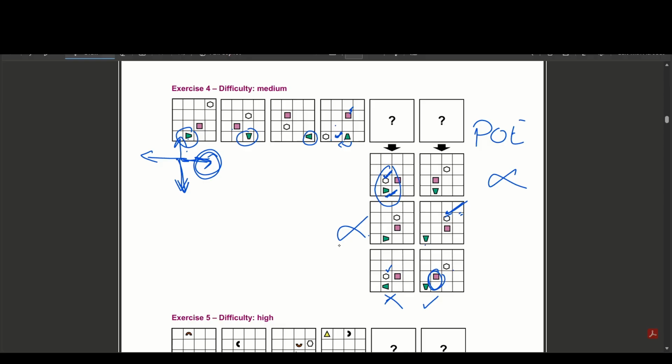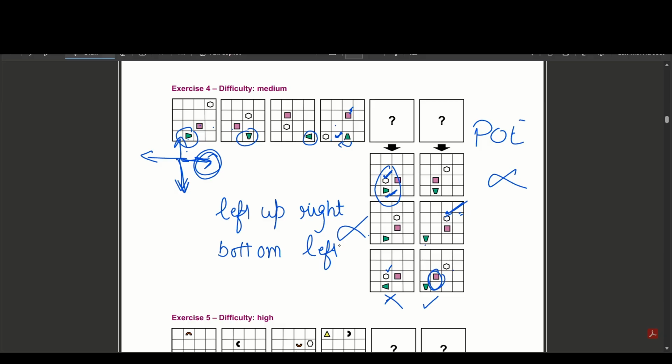Basically here, there is one pattern, like the figure is moving left, up, right, then bottom, then again left.